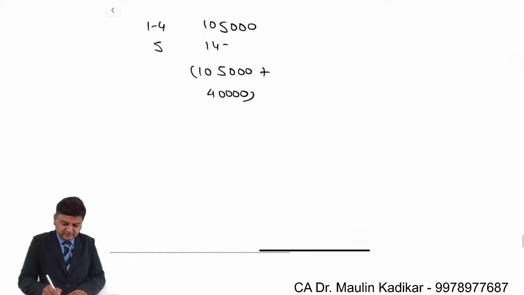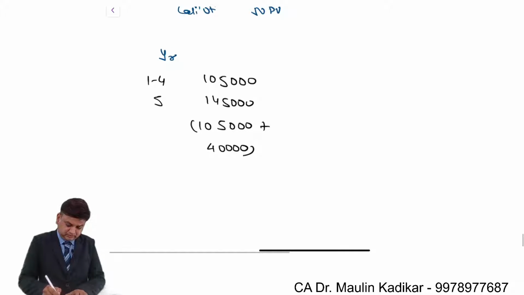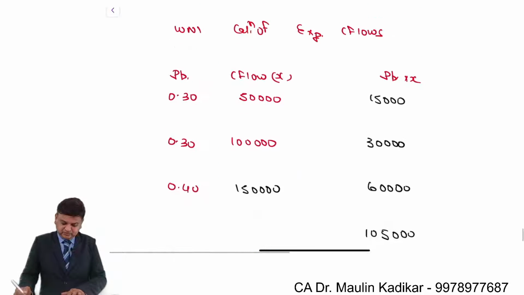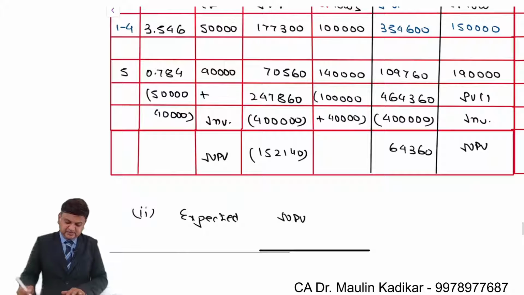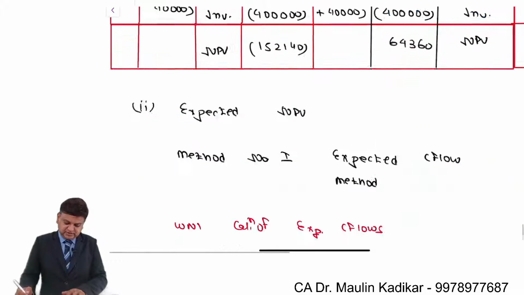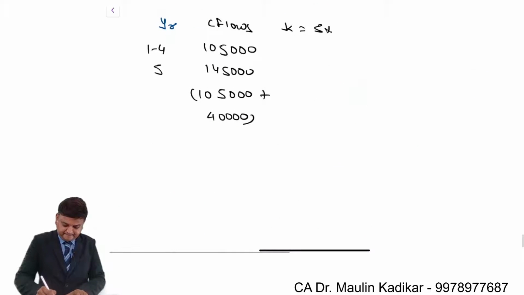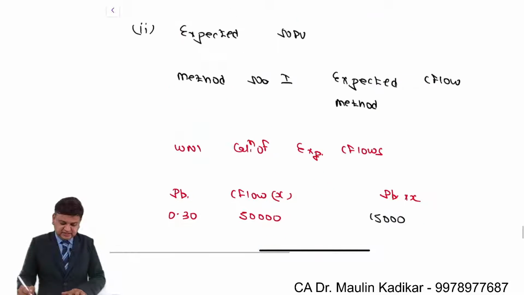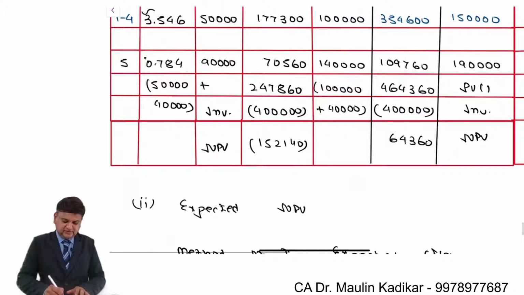So it is 1,45,000. These cash flows will be discounted at the rate of 5%. Year 1 to year 4 factor summation is 3.546 and last year factor is 0.784.